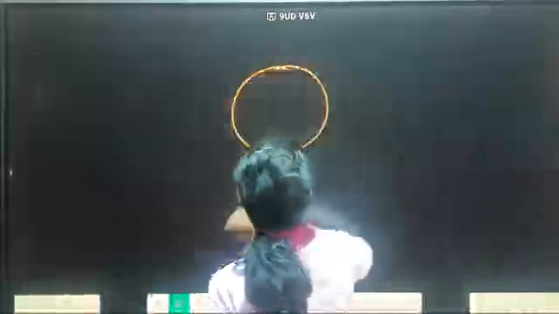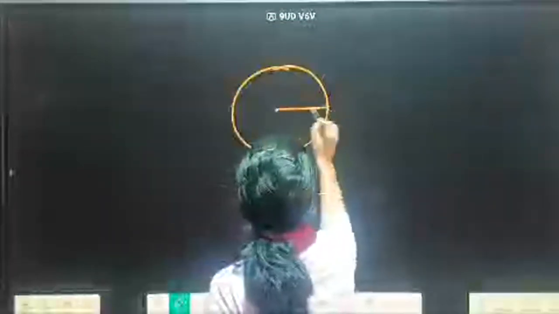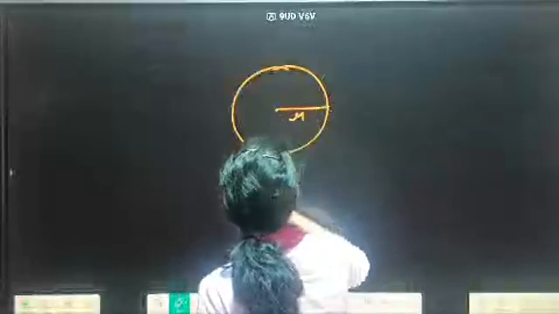Now let us see how this pi r square came. Area of circle. This is a circle with radius r. Now divide this circle into fine sectors. Start dividing.